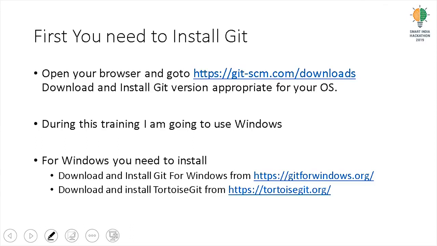Follow my example step by step, but once you have done the initial repository and created a file, do experiment to learn more commands from Git. Don't just follow what I have shown today, because Git has many more features which are impossible to cover in a 1 hour session. So, let us open your browser and go to git-scm.com.